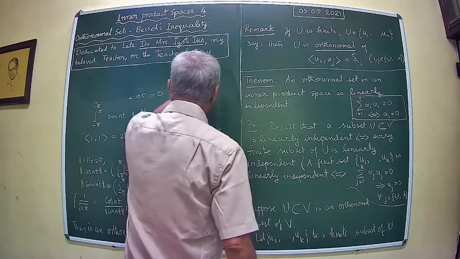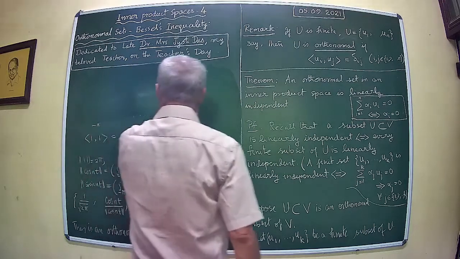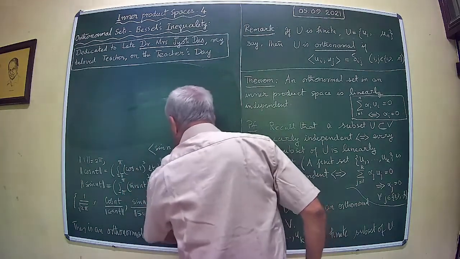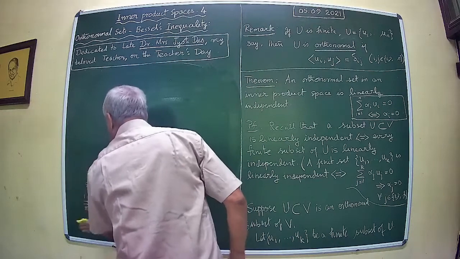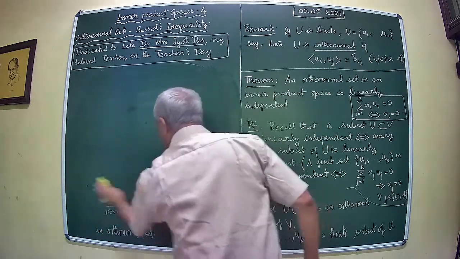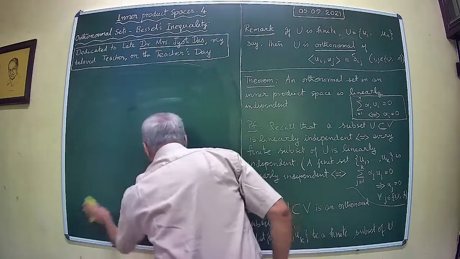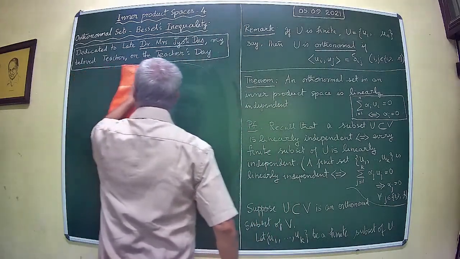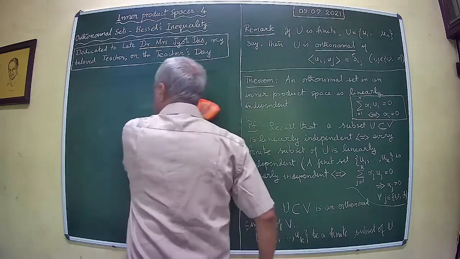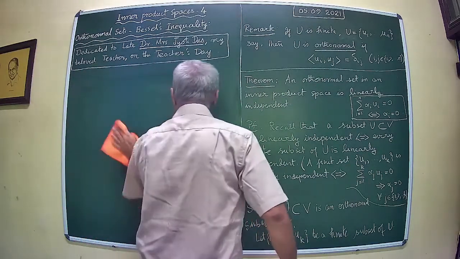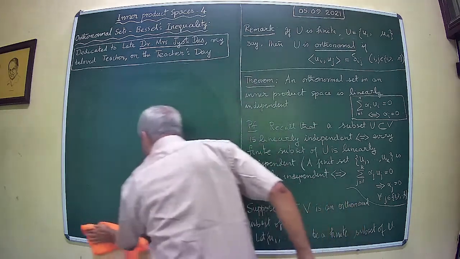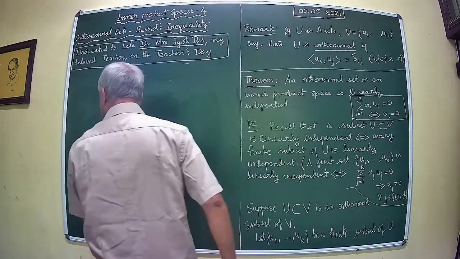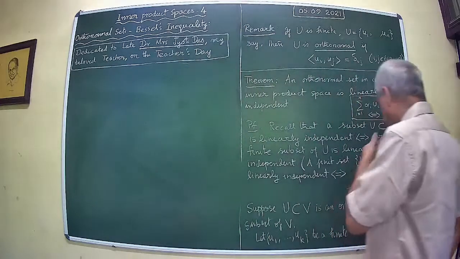That means for an arbitrarily chosen finite subset of the orthonormal collection, it is linearly independent. Okay.